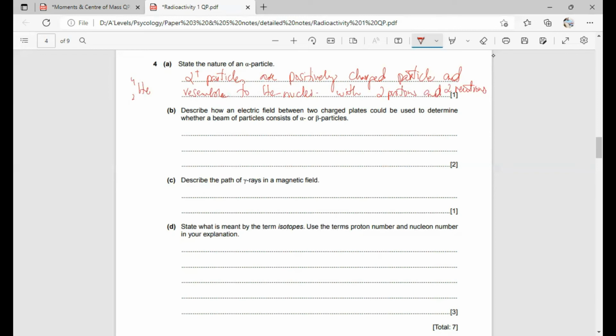Describe how an electric field between two charged plates could be used to determine whether the beam consists of alpha or beta.